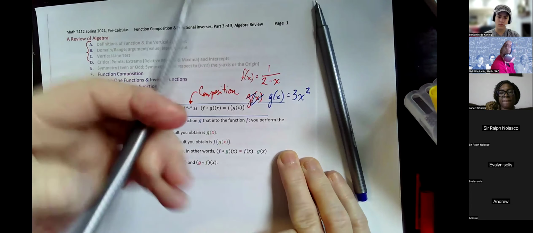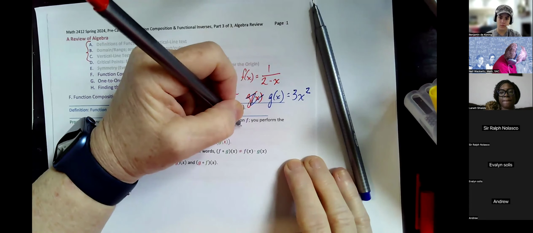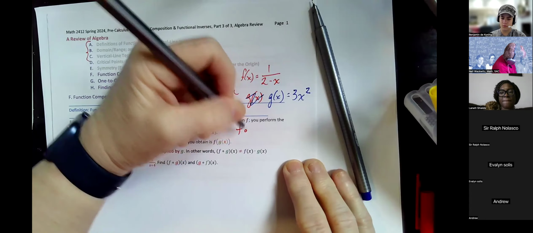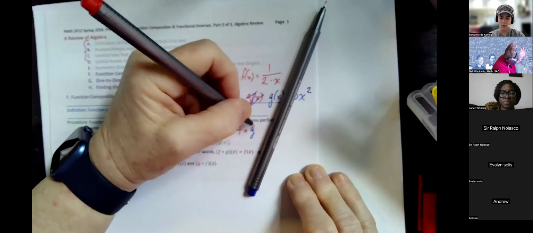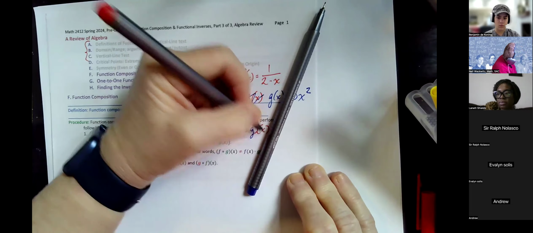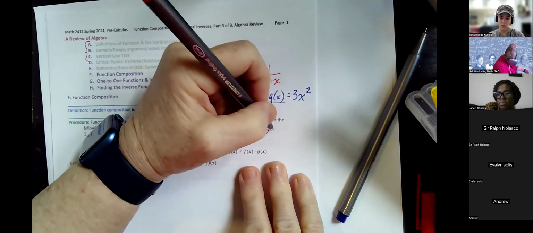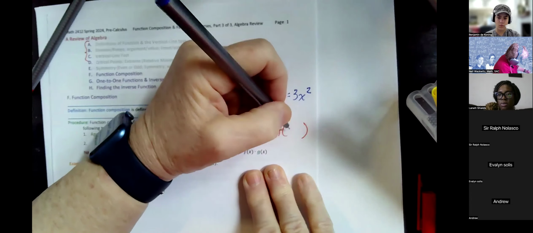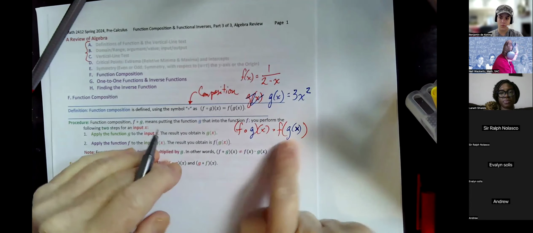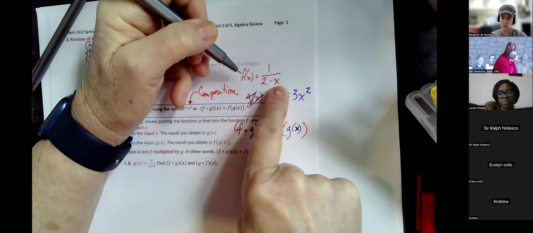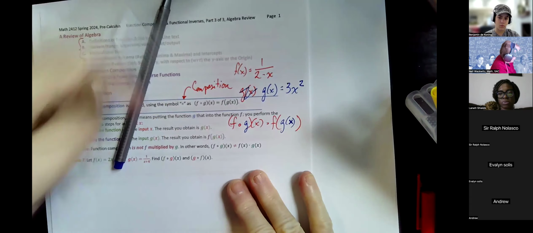Then f composed with g of x means that we are actually looking for f of g of x. So everywhere that there was an x in the formula for f, we're going to put the whole g of x. So let's see what that means.